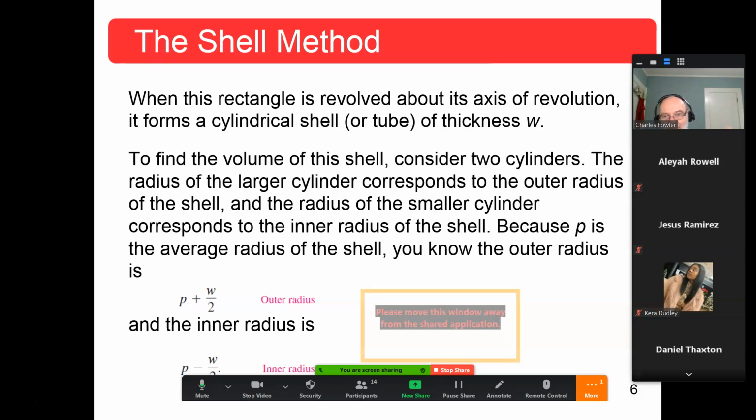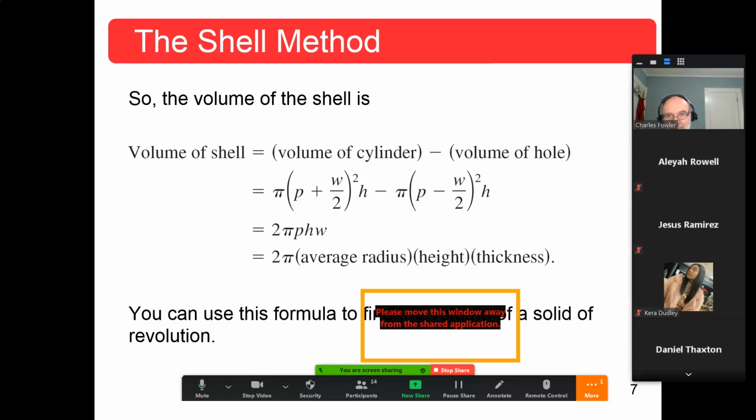Because P is the average radius of the shell, the outer radius is P plus W over 2, and the inner radius is P minus W over 2. It's absolutely ridiculous to have you fiddle around with those fractions. You really are never going to need them. Okay, we'll get to that later. So the volume of the shell is the volume of the outer cylinder minus the volume of the hole.